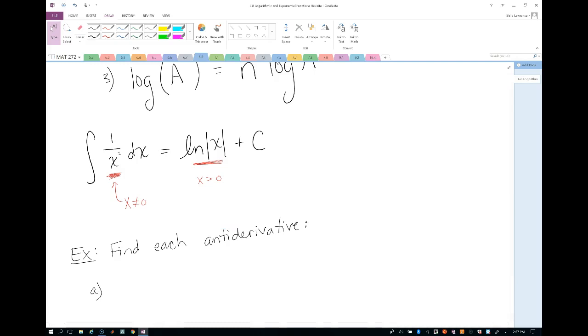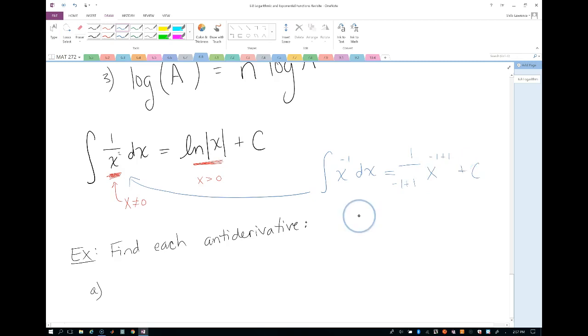Before we look at that first example, though, you may be tempted to look at that integrand and say, oh, well, I can bring that to the numerator as x to the negative 1 and do the power rule on it. If you try that, remember the rule for antiderivatives with power rule is to add 1 to your exponent and then take that new exponent and divide by it in front.